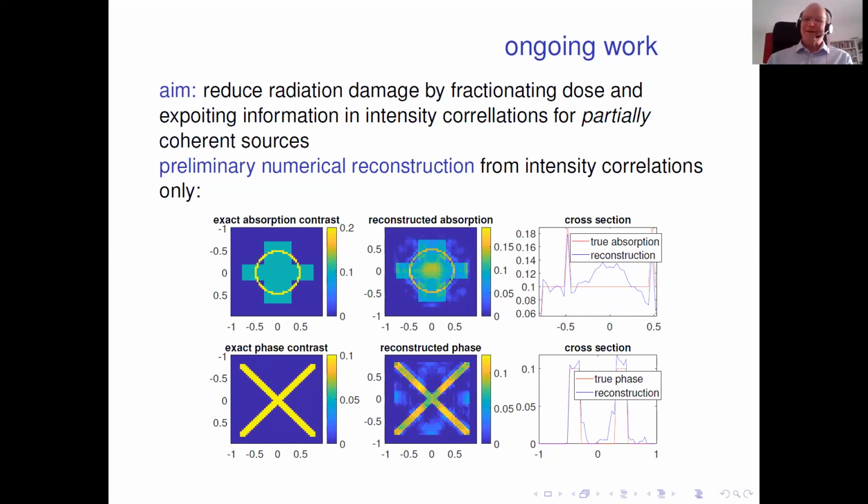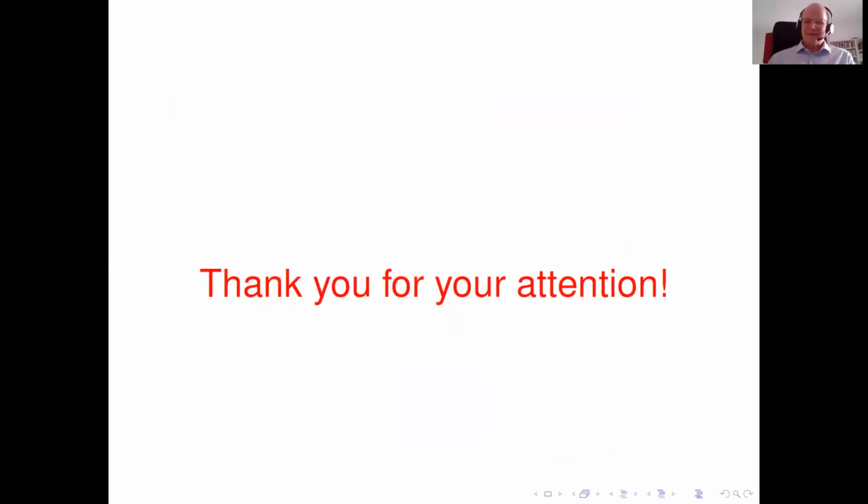So there is hope that this could lead to a reduction of the dose that's necessary to image such objects. Of course, you also pay a price. You have to use a partially coherent beam, so you have some blur in the image. At this point, it's really not clear if this helps, if this works basically. Okay, thank you for your attention.